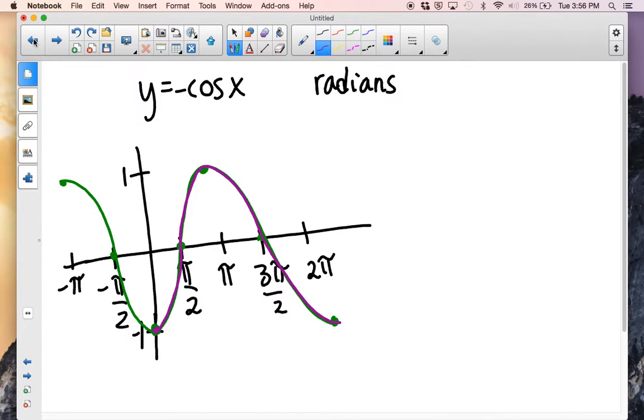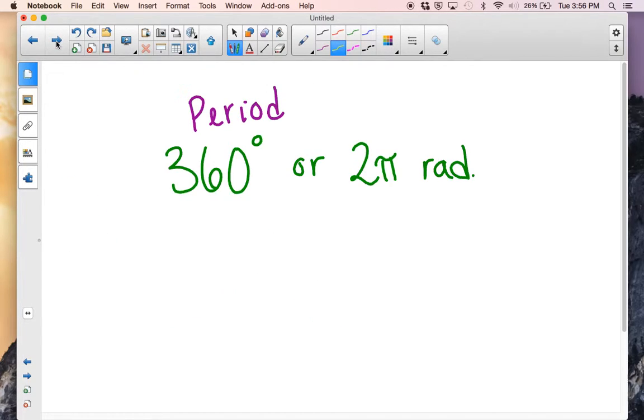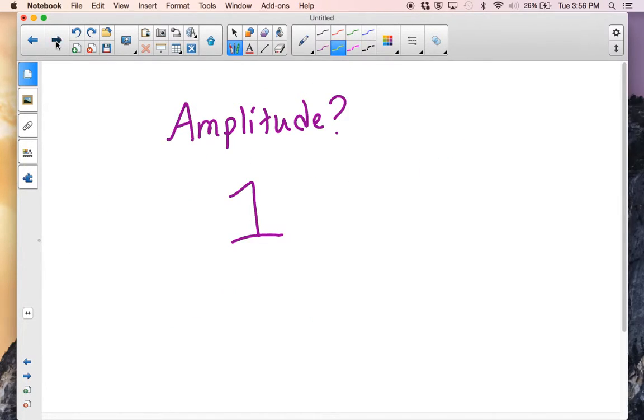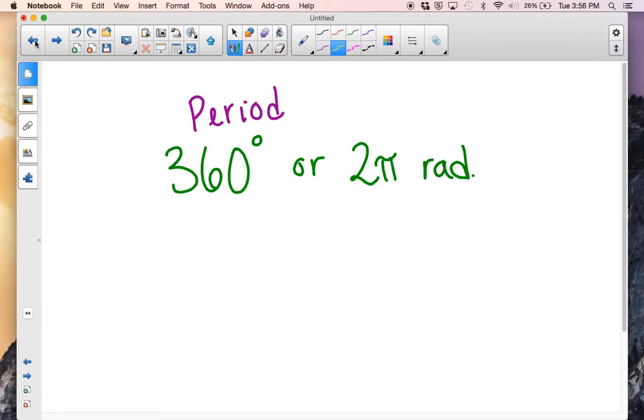Remember that that is the distance from the midline to the top of the function or the midline to the bottom of that function. It is 1 unit. That is the amplitude. So everybody, again, what is the amplitude of sine or the amplitude of cosine? 1. What is the period? 360 degrees or 2 pi radians.